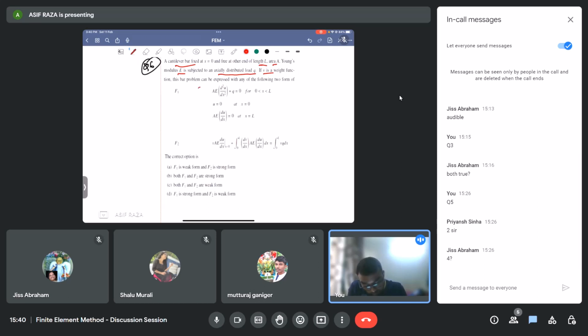F1 is given by this, F2 is given by this. The first option is F1 is weak form and F2 is strong form. Second option is both F1 and F2 are strong form. Third is both F1 and F2 are weak form. Fourth option is F1 is strong form, F2 is weak form. So guesses please.